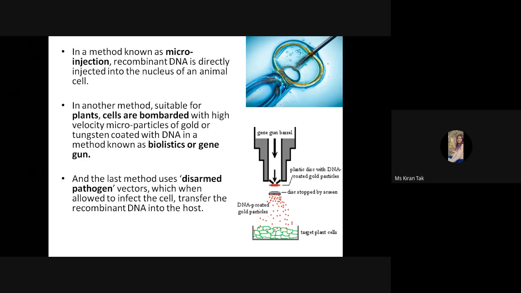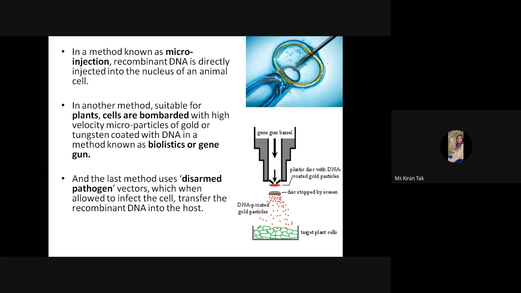There are other methods also, mechanical methods like the microinjection method, in which the DNA is directly injected into the nucleus of animal cells. Then there is another method in which the cells are bombarded with the gene of interest.